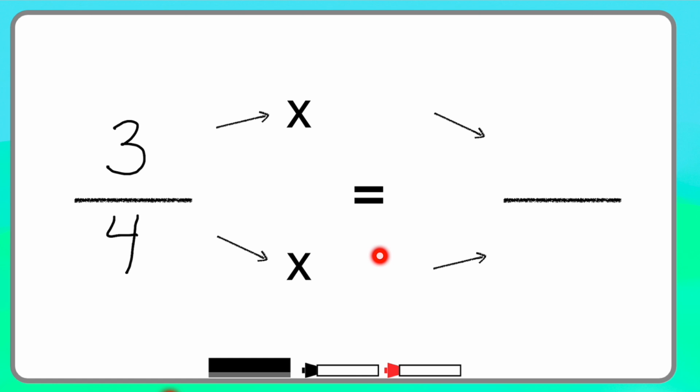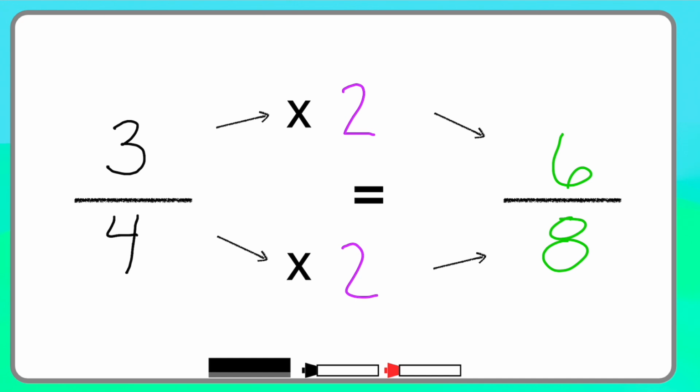So I will have to multiply by 2 here in the middle. Whatever I do to one side of my fraction, I have to do to the other. So now I've ended up with 4 times 2 is 8. 3 times 2 is 6. 6/8.